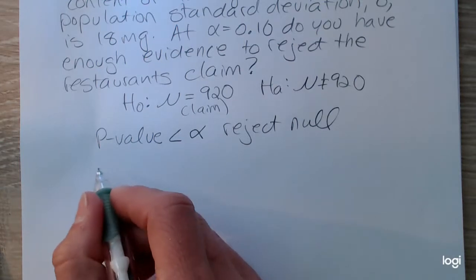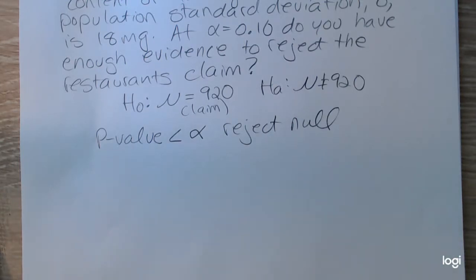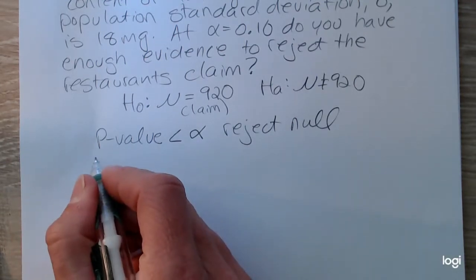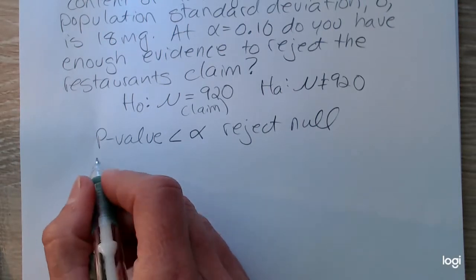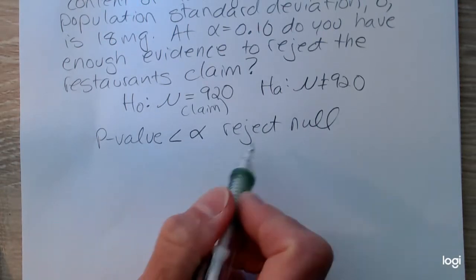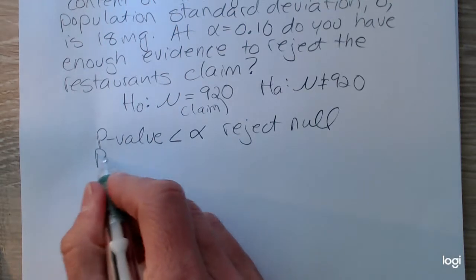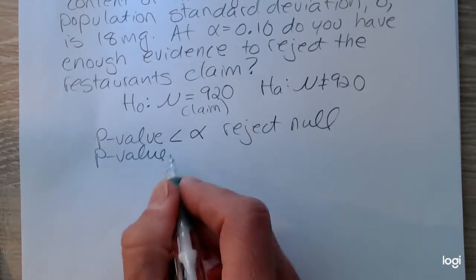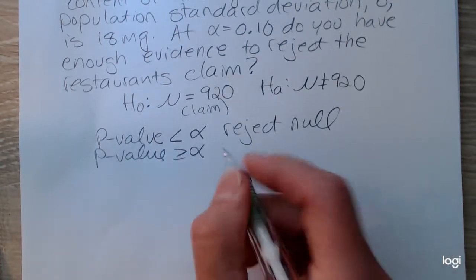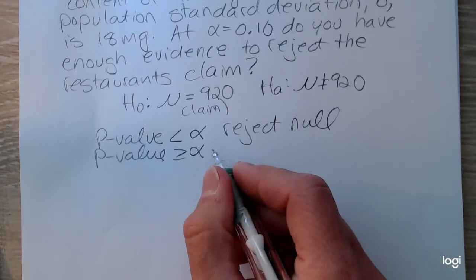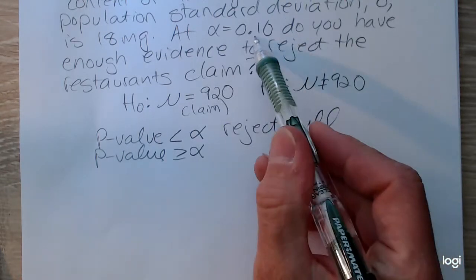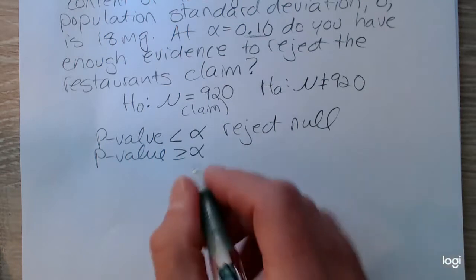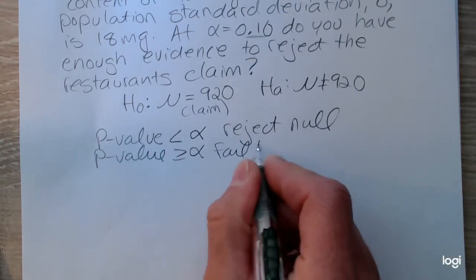Okay, but using the method that is consistent with the textbook I'm currently using, if the p-value is less than alpha, we're going to reject the null. If the p-value is greater than or equal to alpha, alpha being our level of significance right here, then we're going to fail to reject the null.